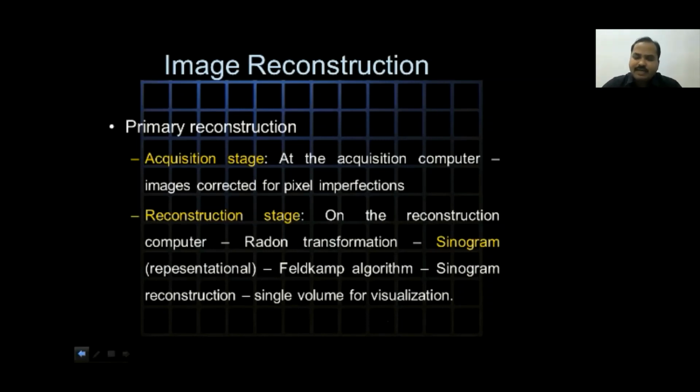Then these sinograms, which are taken for certain rows of pixels, undergo the Feldkamp algorithm to make a reconstruction image. Now this reconstruction image will be taken up as a single volume for visualization or display.